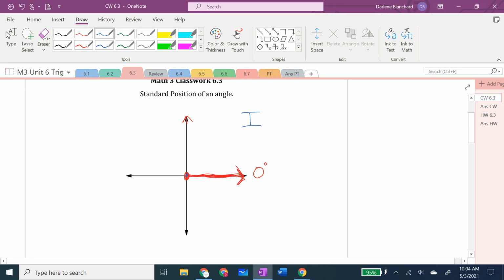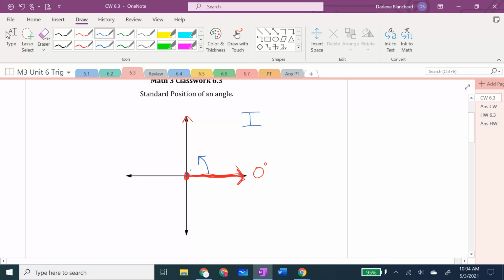So if they had chosen, like a clock, the top to be 0, we would go clockwise, but we are not. I repeat, we are not. The positive direction is counterclockwise.